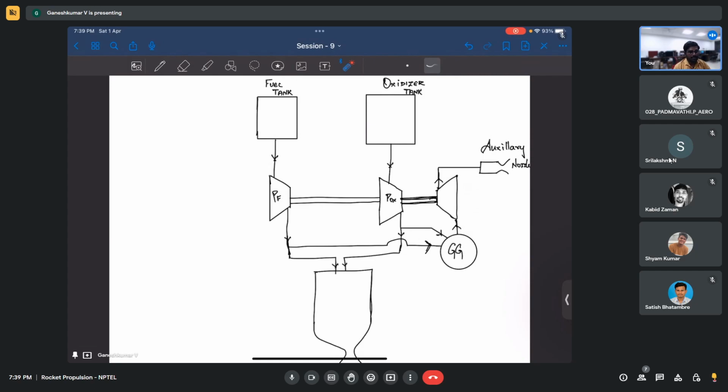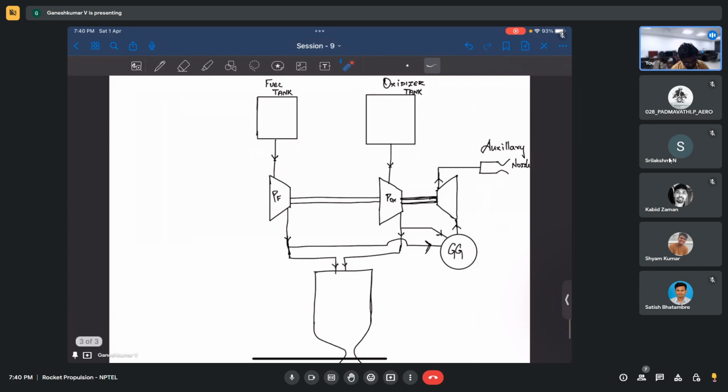Because the material of the turbine is important, right? The turbine materials can handle only, let's say, 1800 Kelvin. Then your temperature can reach a maximum of 1700 or 1800 Kelvin. What it exactly does is convert the thermal energy in the gas into a mechanical power output. Through thermal energy or pressure energy, it reduces.